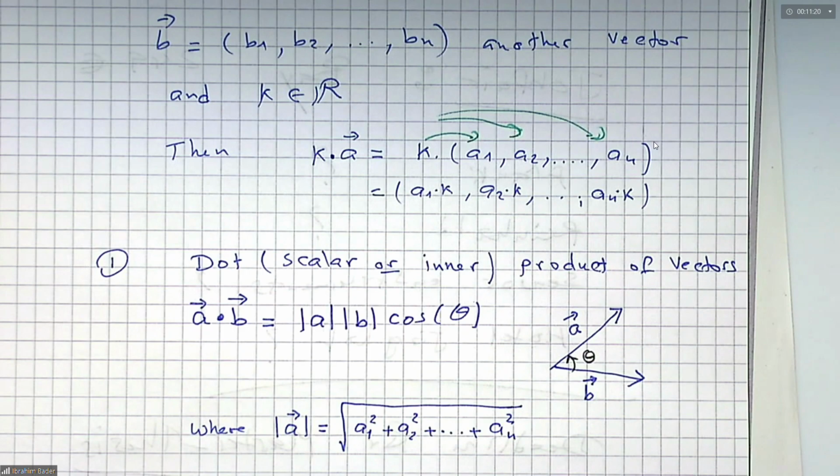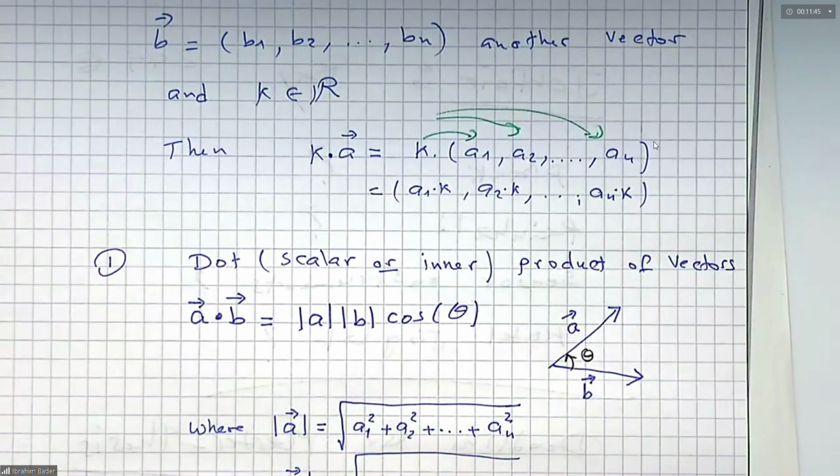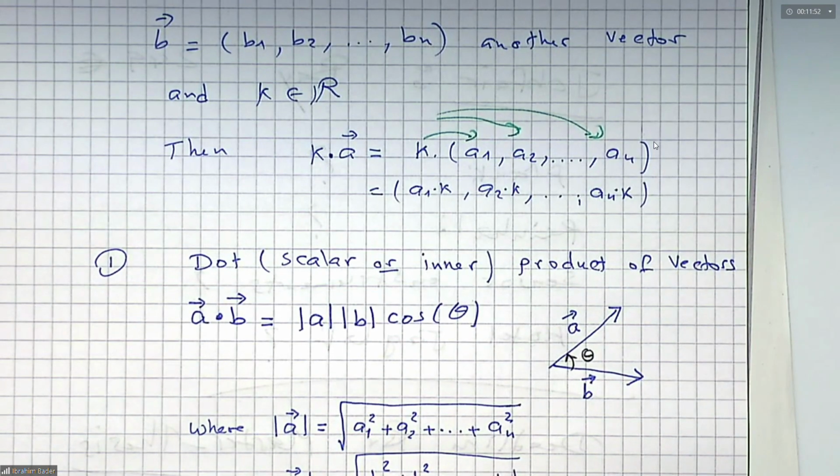Notice that this can never be negative, because we are just taking the positive square root of the sum, and if you are squaring, it's positive. And the same here, the magnitude of B is similarly defined as the square root of B1 squared plus B2 squared, and so on until Bn squared.